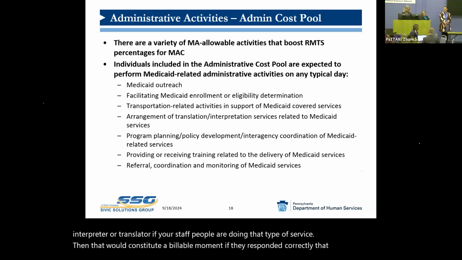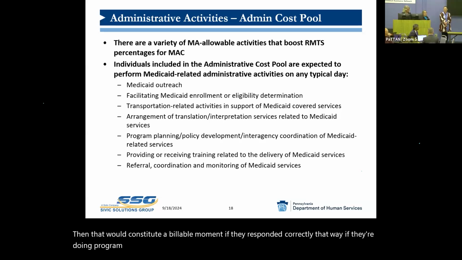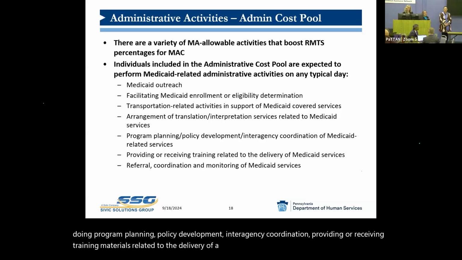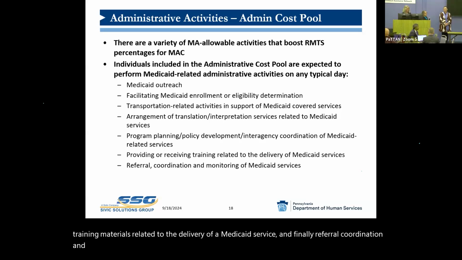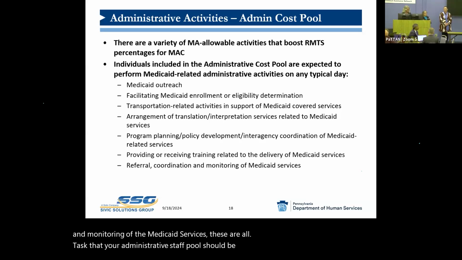If they're doing program planning, policy development, interagency coordination, providing or receiving training materials related to the delivery of a Medicaid service, and finally, referral, coordination, and monitoring of the Medicaid services. These are all tasks that your administrative staff pool should be doing on any typical day in order to be in that staff pool list.